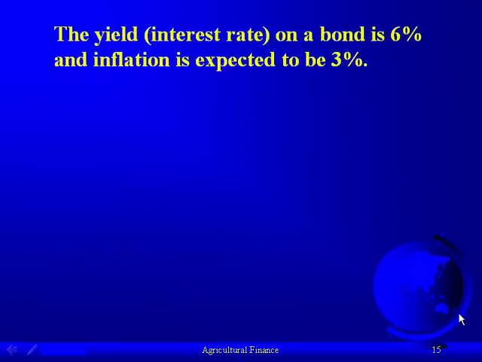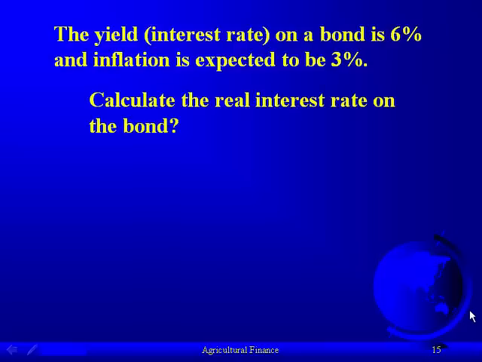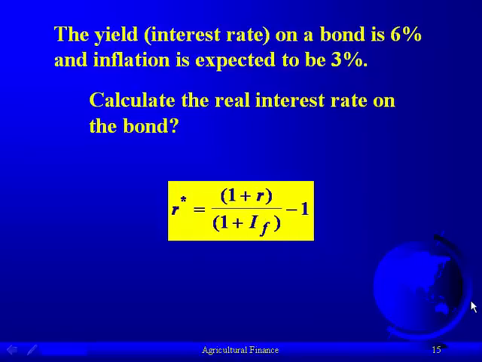Okay, this next slide is just formally looking at what we just covered. The yield or interest rate on a bond is 6%. If inflation is expected to be 3%, then let's calculate the real interest rate on the bond, and we plug it into this formula. And yes, I do expect you to know this formula.